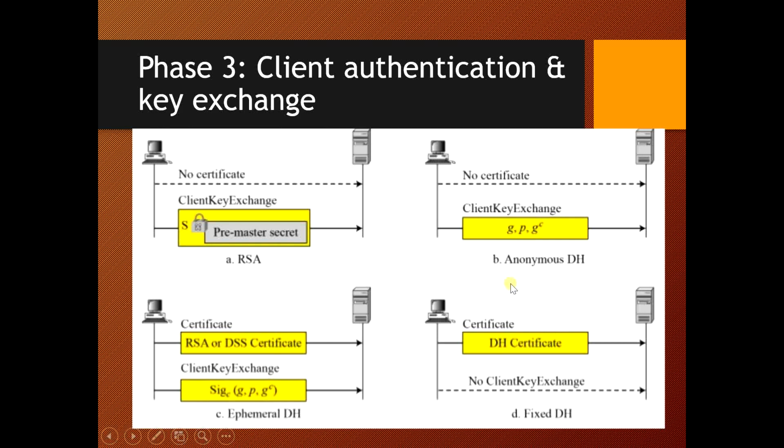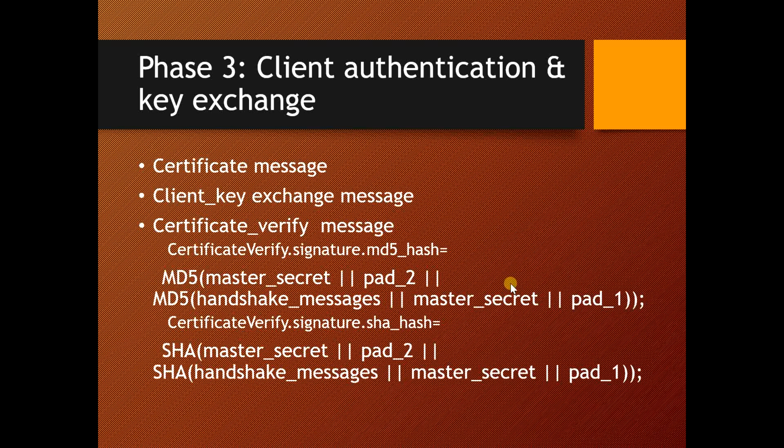Finally, in this phase, the client may send a certificate verify message in order to provide explicit verification of a client certificate. This message will only be sent following any client certificate that has signing capability, that is, all certificates except those containing fixed Diffie-Hellman parameters. This message begins with a hash code based on the preceding messages.